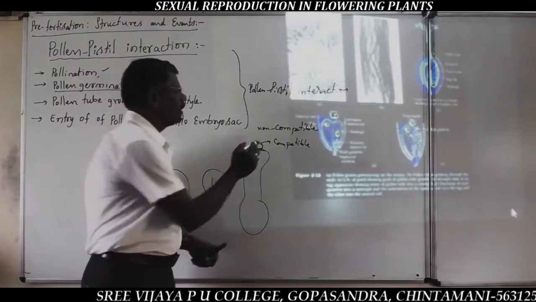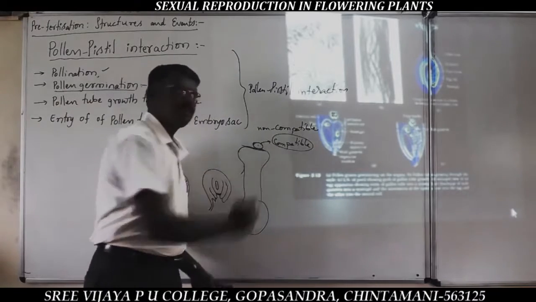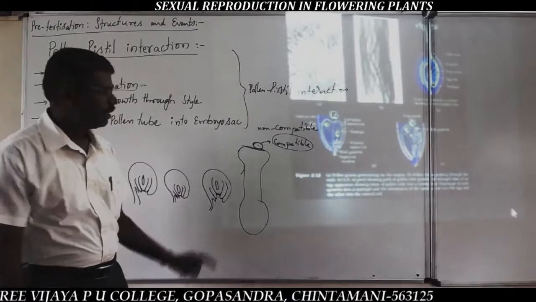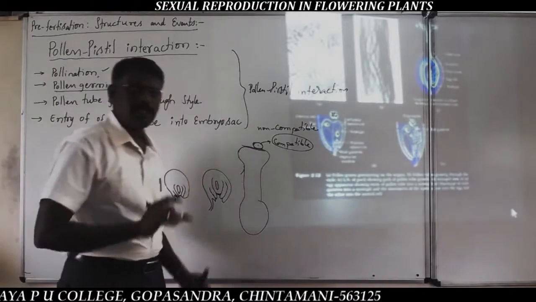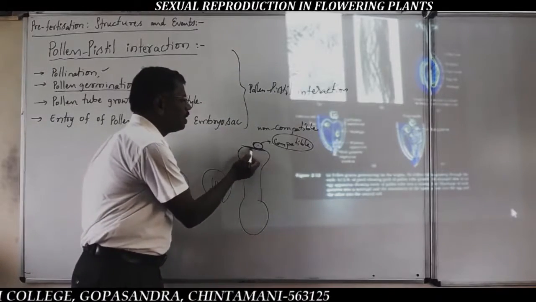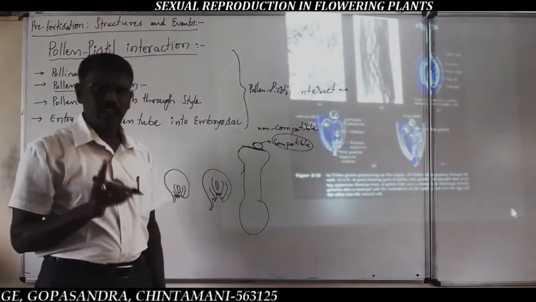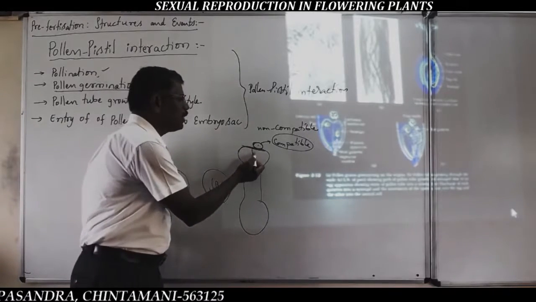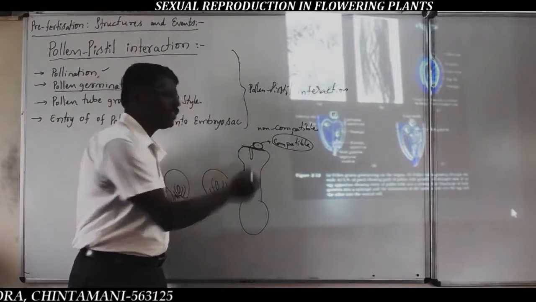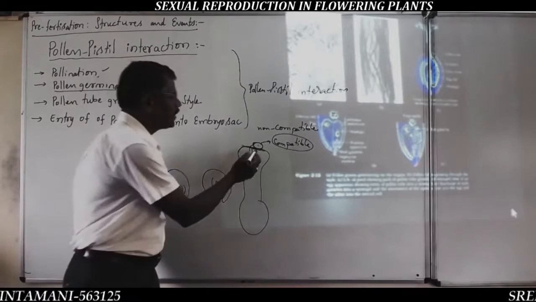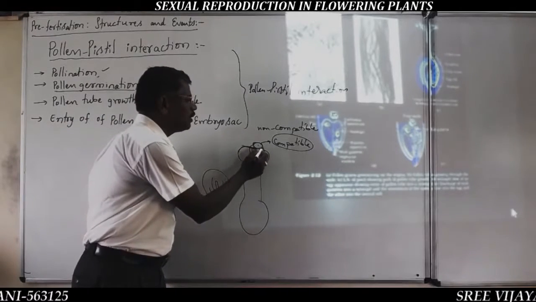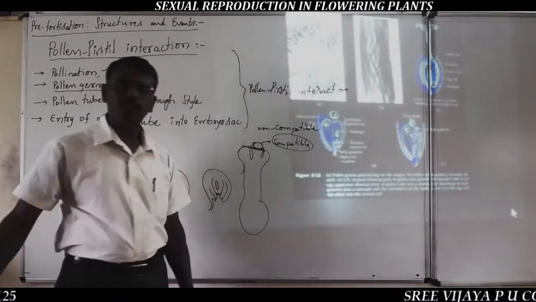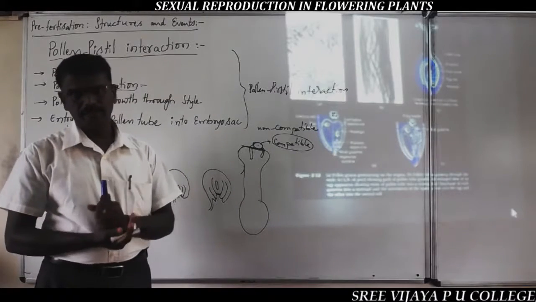If the pollen is compatible, the stigmatic surface allows germination of the pollen grain. Germination means a pollen tube protrudes or emerges from the pollen grain.